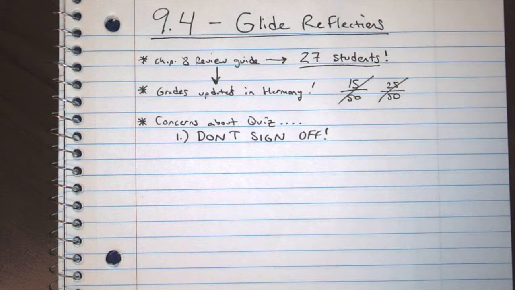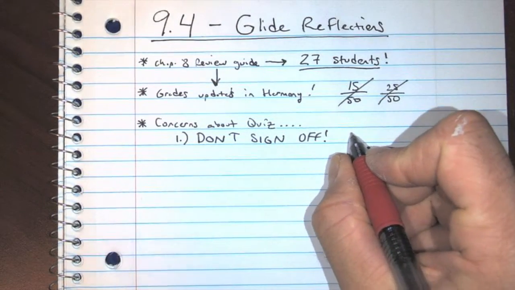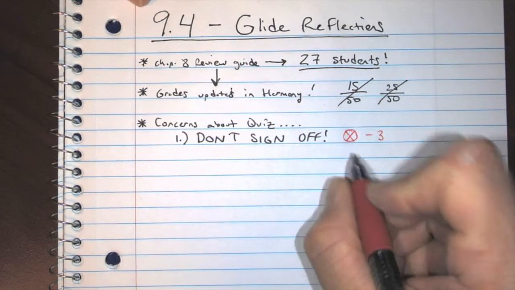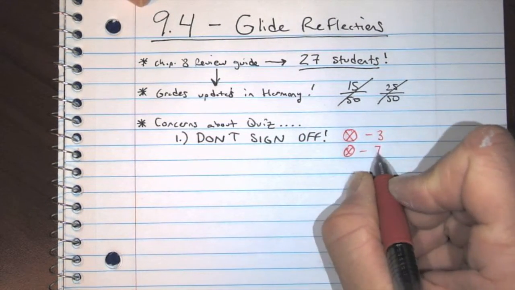I will know. There's a notification that sends it to me. It lets me know when so-and-so signs off of the screen and goes to a different web page. Don't do that, folks. It actually sends me a big red X. Looks like that. Some of you had 3 of these. Some of you had 7 of these.